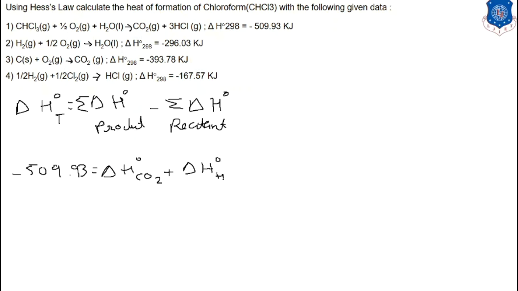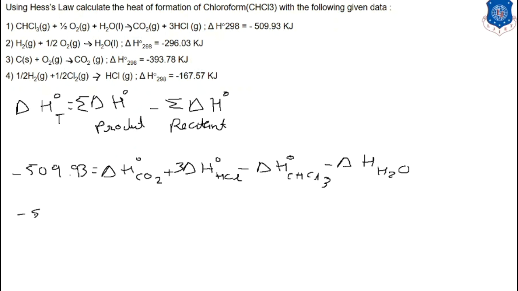But in the reaction there is 3HCl, so we have to multiply by 3. Minus the reactant enthalpy change, given by delta H naught for CHCl3 minus delta H for H2O.